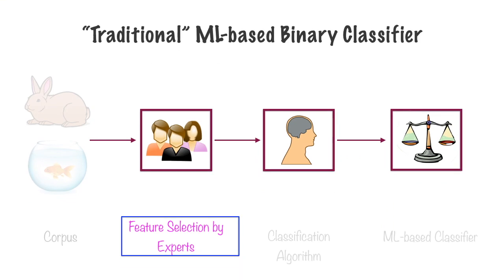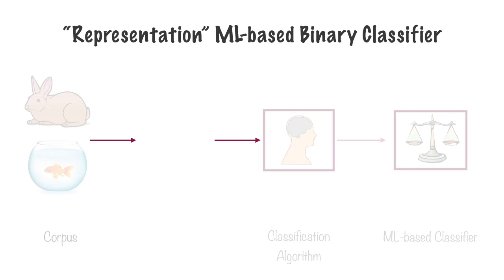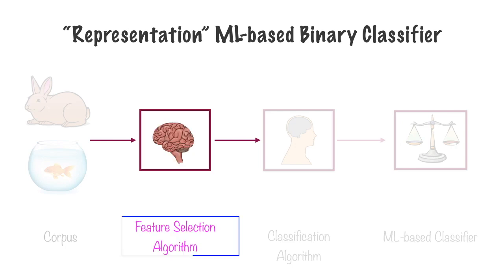We need something where the actual feature selection of what is important within our data is done using a feature selection algorithm. And really, it is this automating of feature selection using a smart feature selection that sets apart representation ML based systems from traditional ML models.